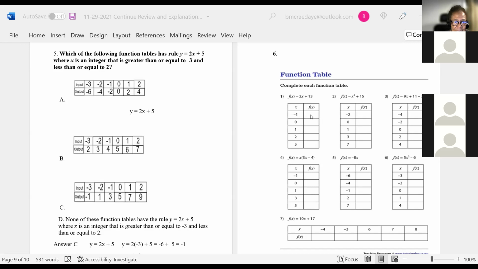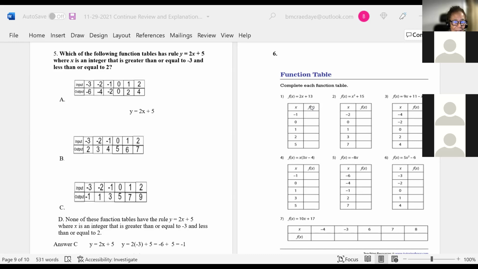Audrey, you following me? Okay. Let's take this first table. You see the first table? f of x equals 2x plus 13. That's the function of x, which is equivalent to y. That's the output. In the table, we're calling it f of x for function notation, but it's just like the y we had over here.